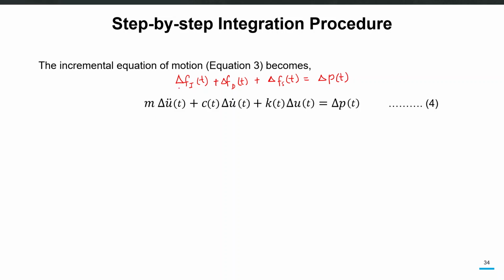We can put delta Fi as m times delta U double dot, plus C of T times delta U dot, which is the delta Fd, and K of T multiplied by delta U, which is the delta Fs. And this is delta P, the change in applied dynamic force between time T and T plus delta T.